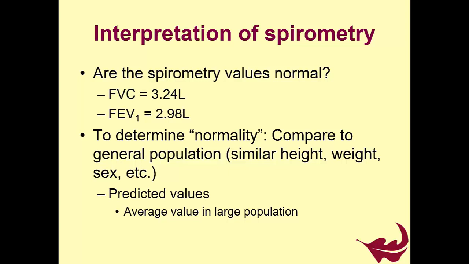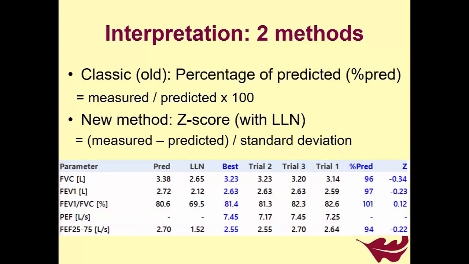Previously, the classic way in which we looked at this is how you differ from the percentage of predicted values. And we say that if you are within 20%, in other words 80% of predicted values, a change more than that would make it abnormal.